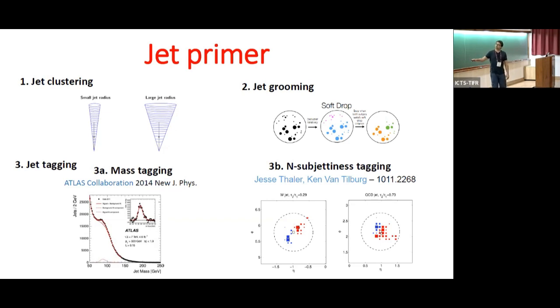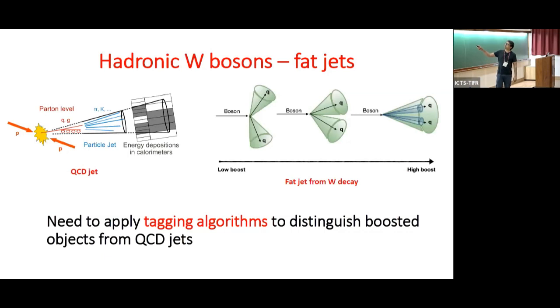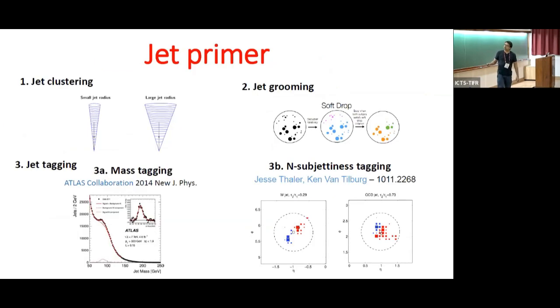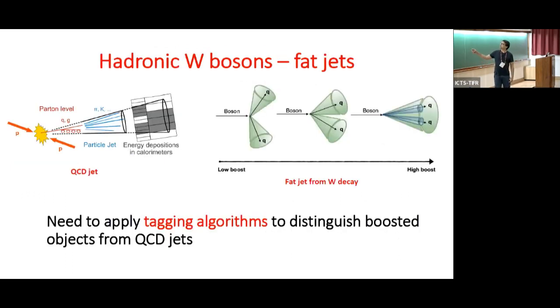But in addition to this, you do something called jet tagging, which allows you to distinguish between these fat jets which come from W bosons and the jets that you get from regular QCD. The first jet tagging algorithm that you can apply is something called mass tagging, which is you simply demand that the jet mass, since it's initiated by a W boson, this fat jet should have a mass which is roughly that of the W boson.